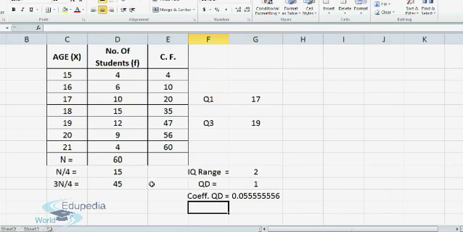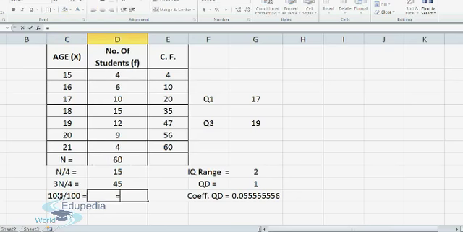Now we know that the percentile divides the data into 100 equal parts. To find the 10th percentile, what I need to do is find the 10n by 100 value. So 10n by 100, n is 60, so it will be 10 multiplied by n divided by 100.